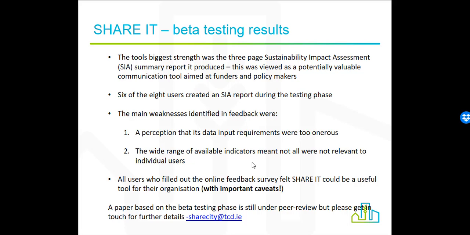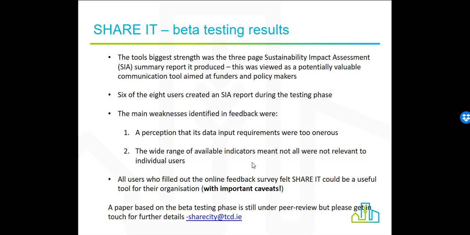And obviously there can be some improvements, some tweaks to that, but that was a big positive for us that they viewed that positively, and that also all the beta testers who filled out the online survey about their experience felt that Share It could be a useful tool for their organisations.